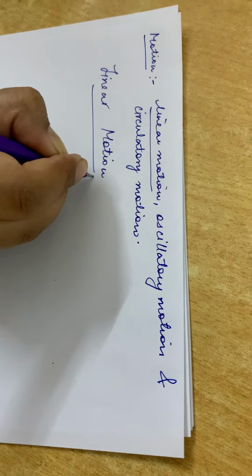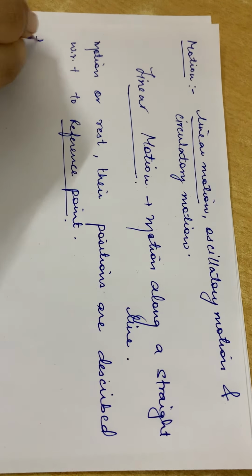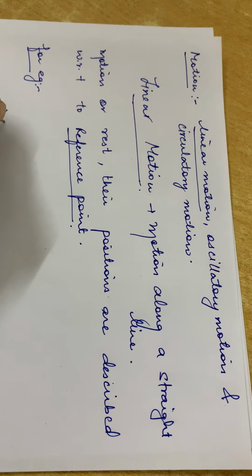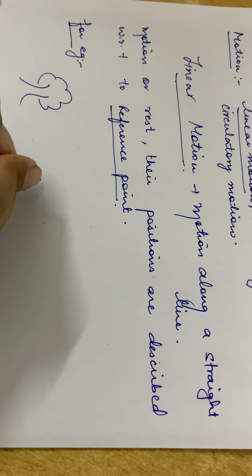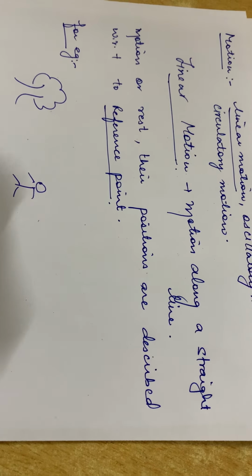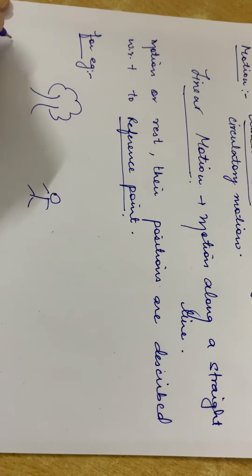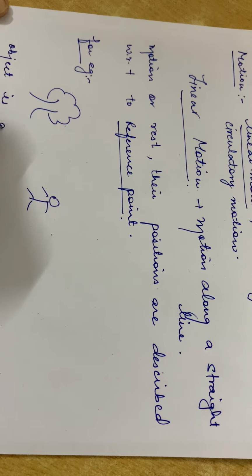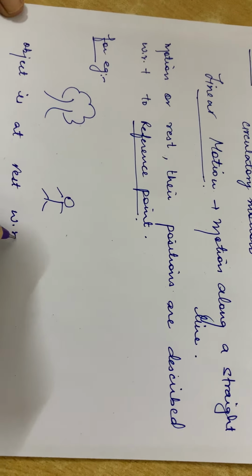Motion or rest, their positions are described with respect to a reference point. Now, what is that reference point? Let us understand. For example, there is a tree and a man is standing here and the man is not moving. So we will say that the man is at rest with respect to tree.